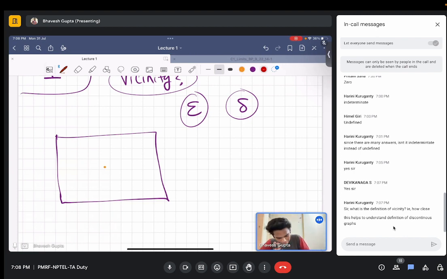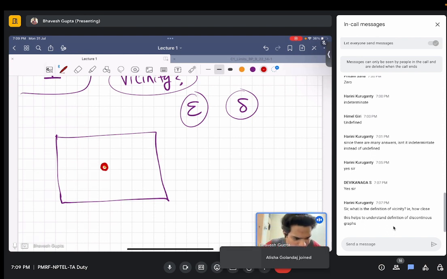But I can have points in my experiment which are very close to it, and we call that the vicinity. So vicinity has its literal dictionary meaning, the neighborhood. It is very close to that point. The points which are very close to this orange point, those red ones, we call the vicinity.